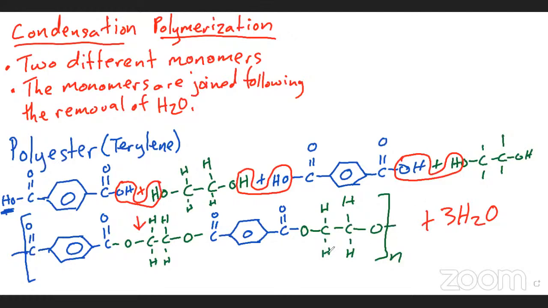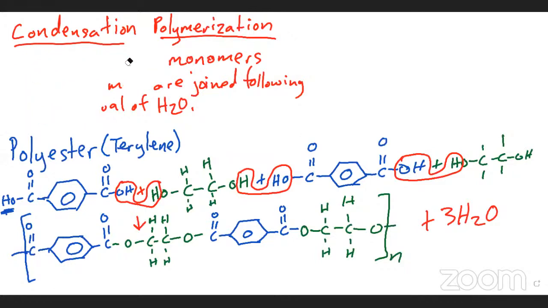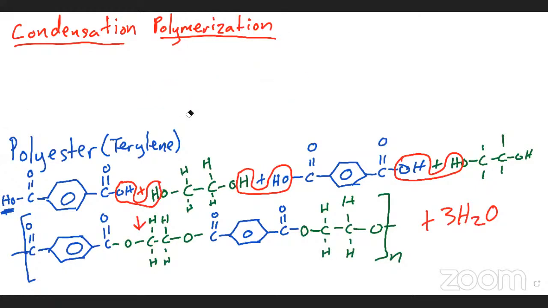All right, so the next thing you have to do is, after you draw your polymer, you have to be able to identify your repeating unit. Let me show you how to do that. So the monomers, it was the benzene ring with 2 carboxylic acid.